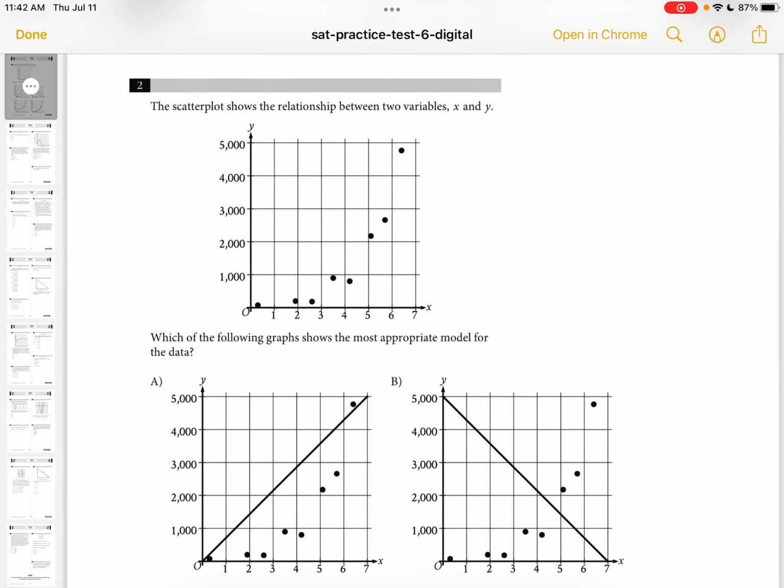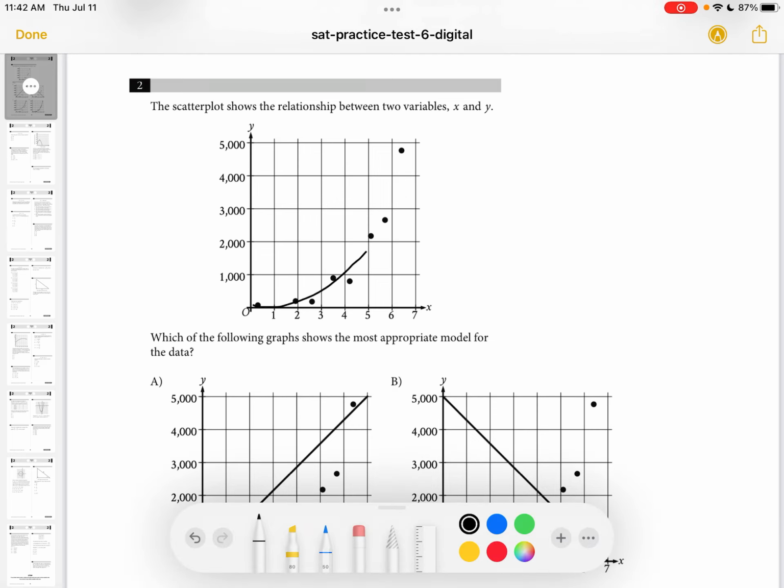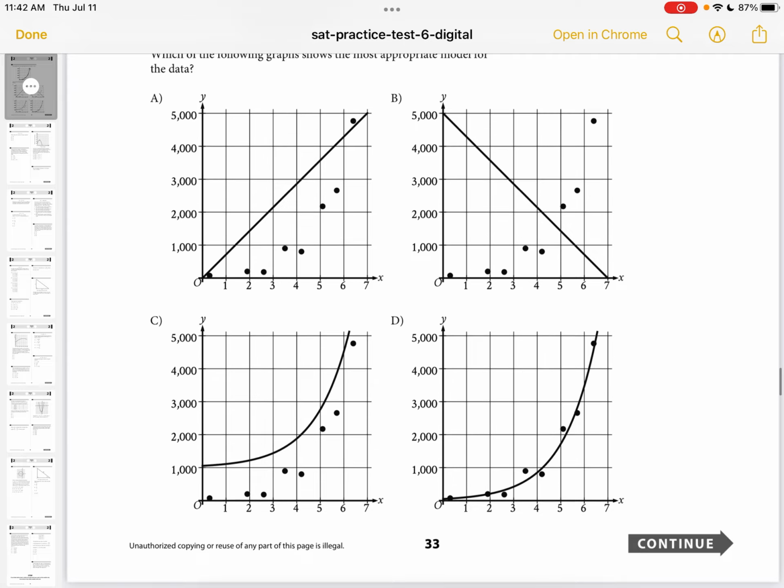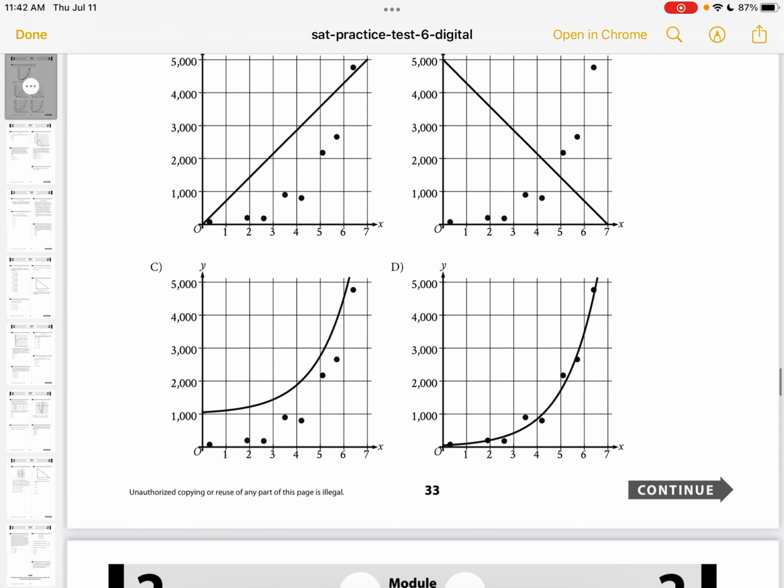Number 2. The scatter plot shows the relationship between two variables, x and y. When we look at this graph, it almost looks like an exponential function. Which of the following graphs shows the most appropriate model for the data?